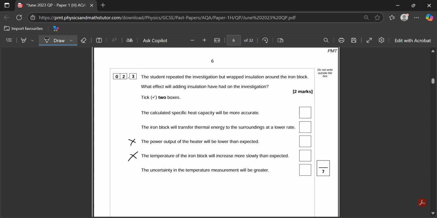This is true because we're reducing heat loss. So if it's more accurate, that means uncertainty can't be greater. Therefore, it's going to be the second one. The iron block will transfer thermal energy to surroundings at a lower rate. Yep, the insulation will reduce energy transfer to the outside by reducing heat loss.